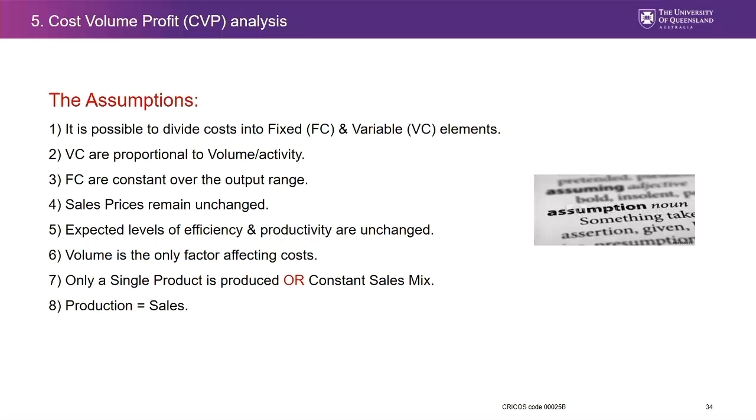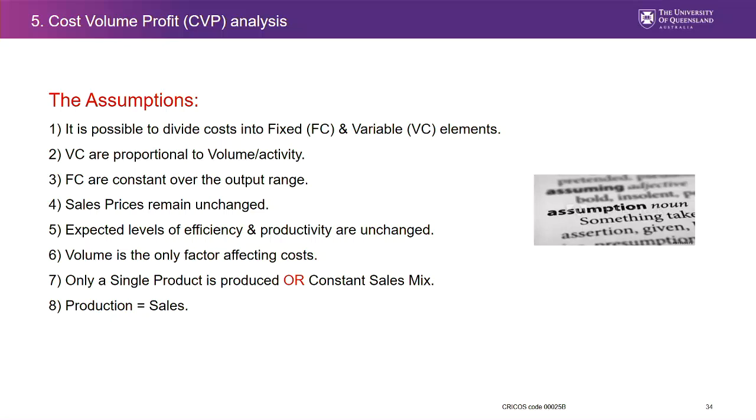We assume that variable costs are proportional to volume or activity. We assume that fixed costs are constant over our output range, our sales price remains unchanged, and that our efficiency and productivity remain unchanged. Our volume is the only factor that affects costs, and we all know that may not be the case.